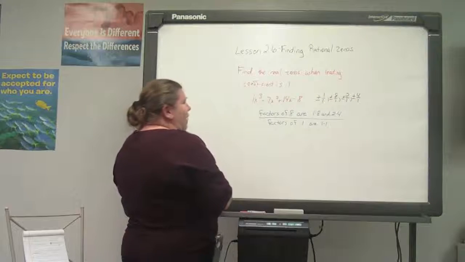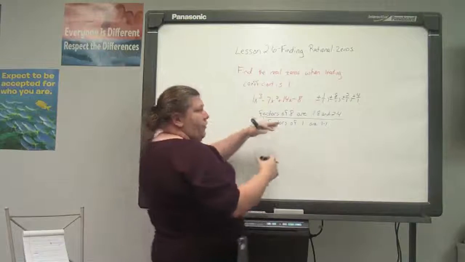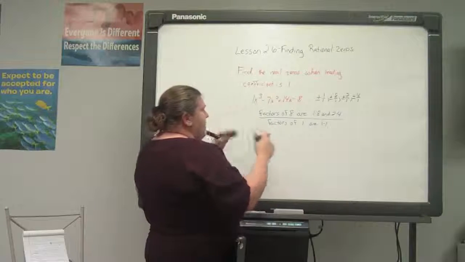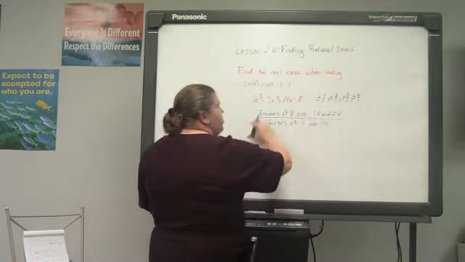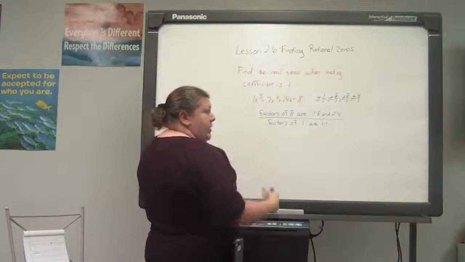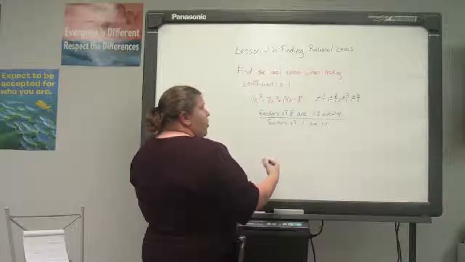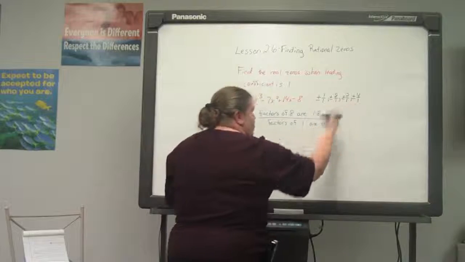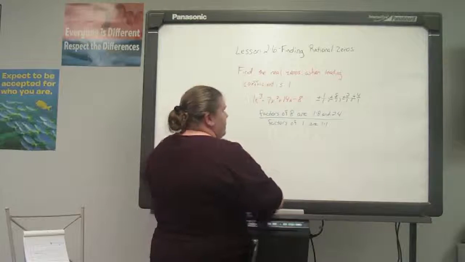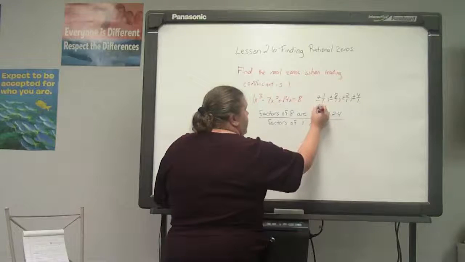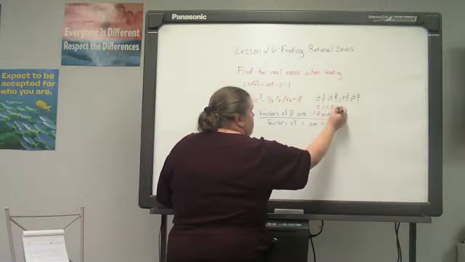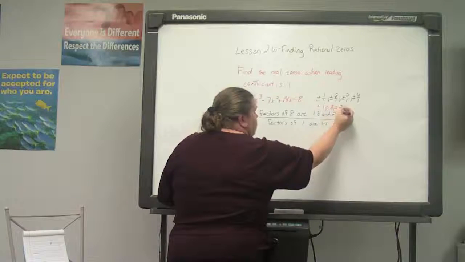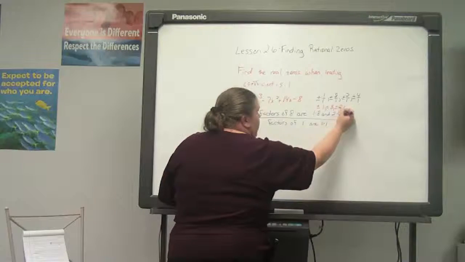Now, you might wonder why I am stressing the over 1, and it's simply because a lot of times people will forget that there's supposed to be a denominator for this theorem. But when they're all 1s, you can go ahead and rewrite that as a positive or negative 1, positive or negative 8, positive or negative 2, and a positive or negative 4.